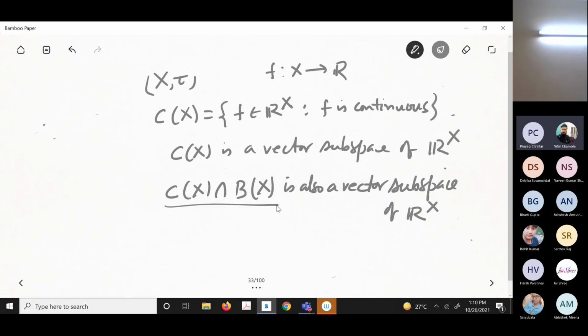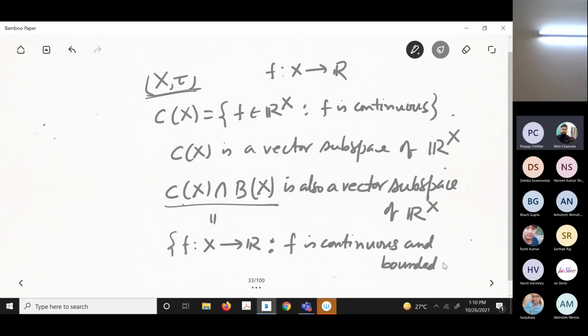Okay, now what does it mean? This means it is continuous. Here I am having a topological space as well as bounded. That means this is f from X to R such that f is continuous and bounded. Usually we use this notation CB(X).